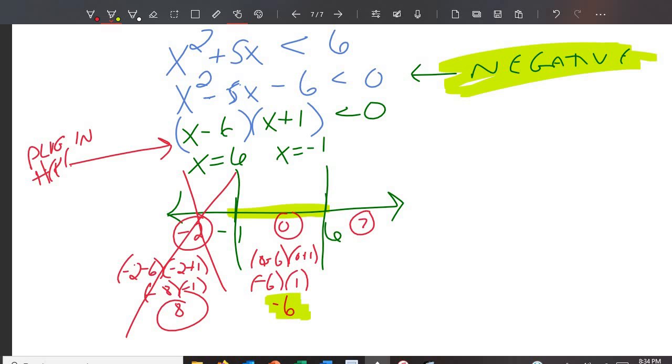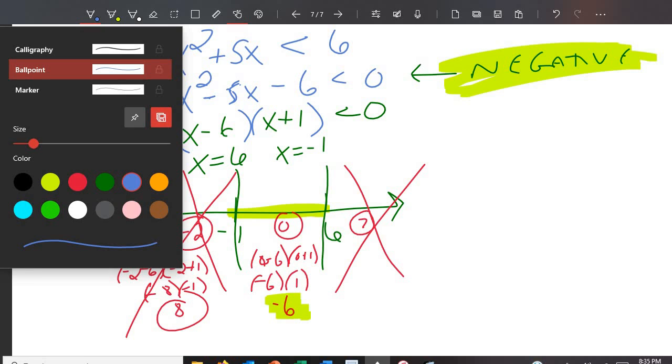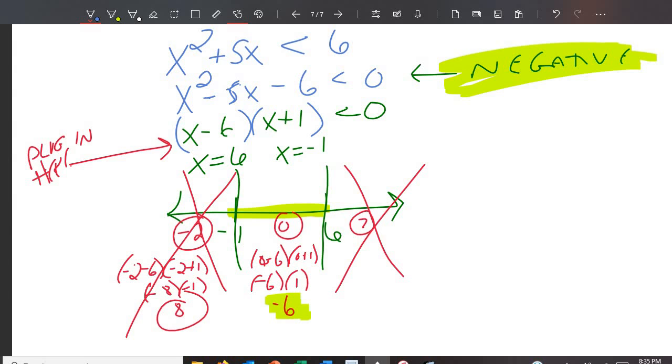I'm going to give you a little hint, y'all, so I don't have to do this. This side is not going to work either. It's going to give me a positive number, and we want things to be negative. So my final answer is this. They're both parentheses because it doesn't have the equal to part.